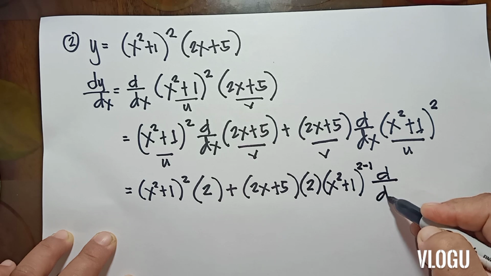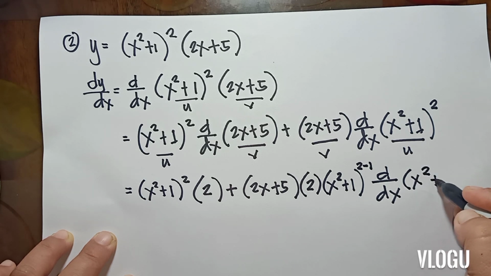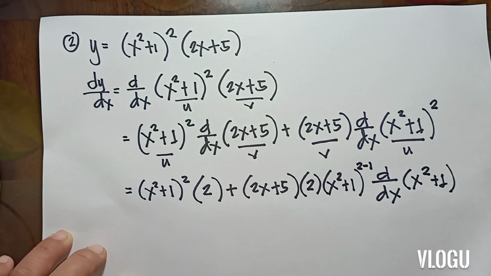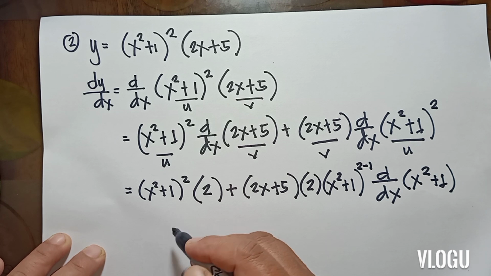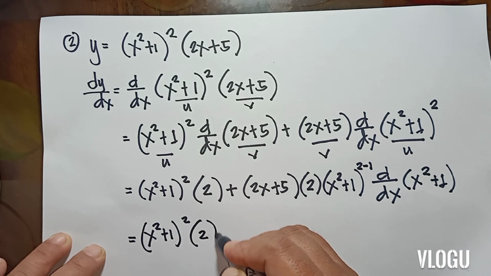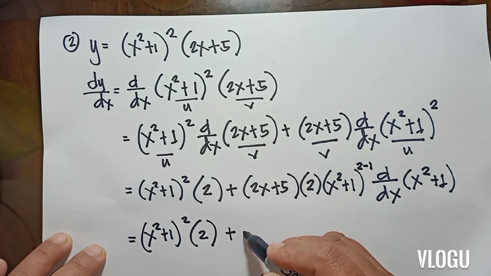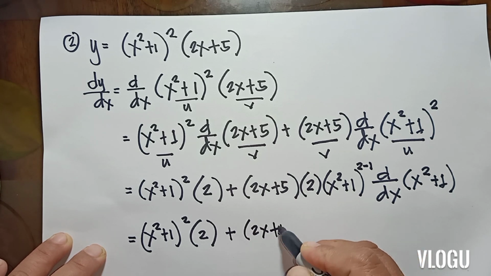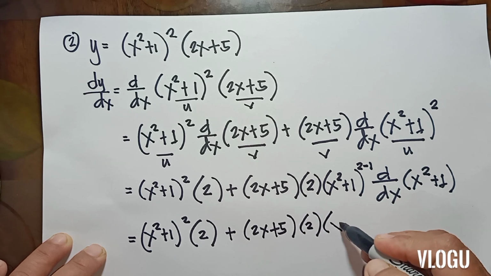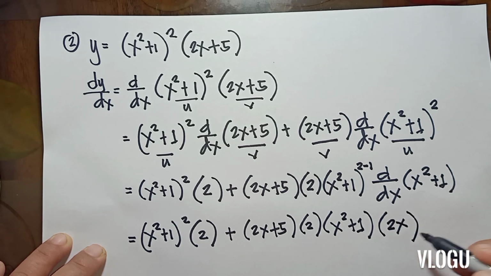Then the derivative of x squared plus 1 without the exponent. So our answer will be (x squared plus 1) squared times 2, and then (2x plus 5) times 2 times (x squared plus 1) times the derivative of x squared, that is 2x. Derivative of 1, that is 0. So you have now that form.